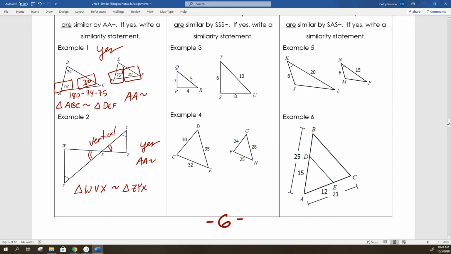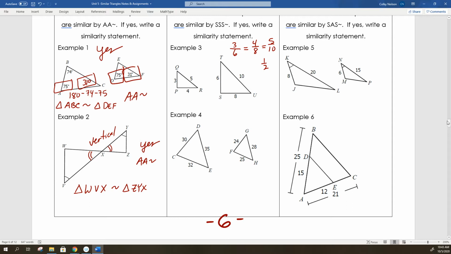In the first triangle, the smaller triangle, the smallest side probably would match up with the smallest side of the bigger triangle. So if I say 3 over 6, does that equal 4 over 8, and 5 over 10? Do those all reduce to the same number? Those all reduce to 1/2, don't they?